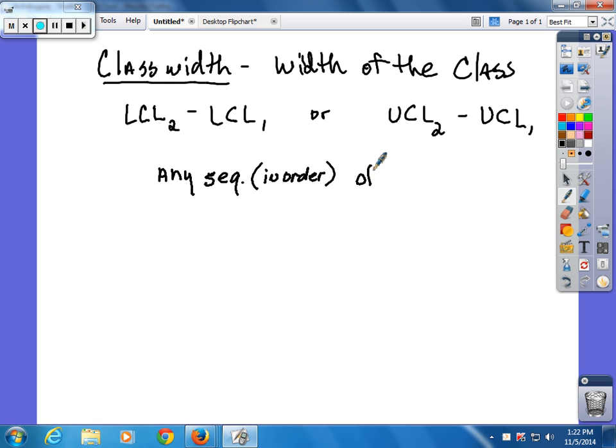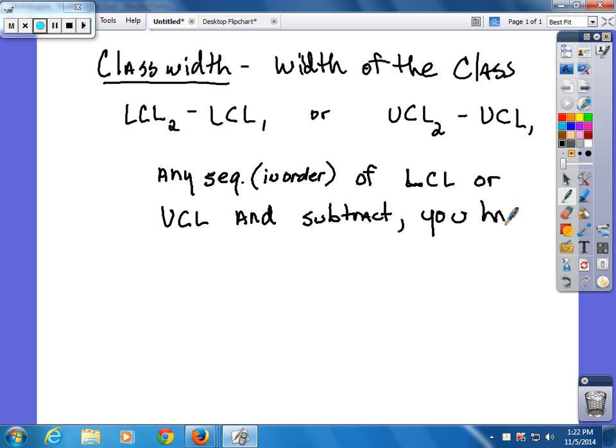Of lower class limits or upper class limits, and subtract, and you have the CW, which is class width.